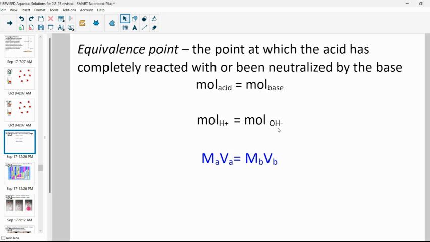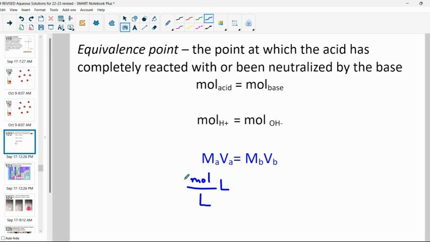An easy way for us to think about this is molarity times volume. We talked about in a previous section on molarity how molarity times volume equals our number of moles. We can think about the units here: the units of molarity are moles over liters, and the units of volume are liters.